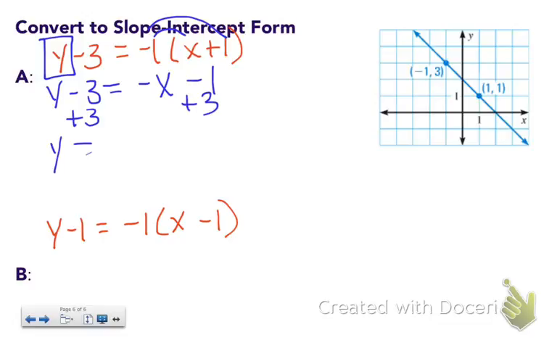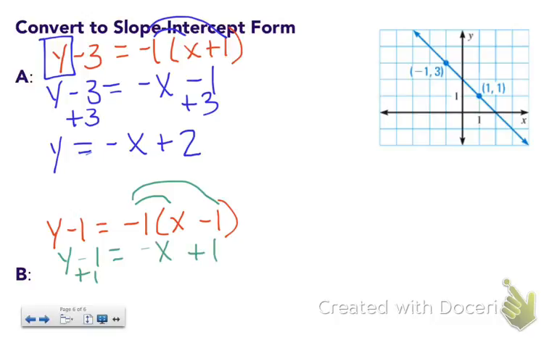So I get y equals -x plus 2. Alright, and I'm going to do the same thing with the second one. So I get y minus 1 equals -x plus 1. Then I'm going to add 1 to both sides, so I get y equals -x plus 2.